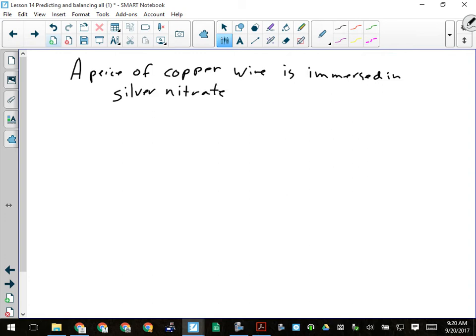Okay, and it actually said in the notes a single replacement reaction occurs. If I was giving this to you, I wouldn't even say that. I would just give you this: a piece of copper wire is immersed in silver nitrate. So what do the reactants for this look like? Well, they look like copper and silver nitrate. I know you've got the answers in front of you. That's why I'm just going to move through it here.